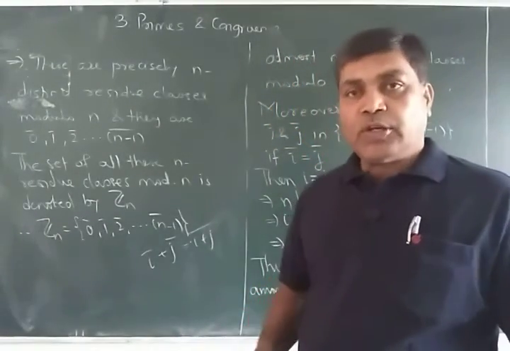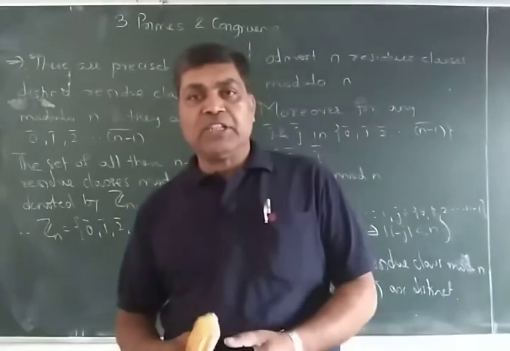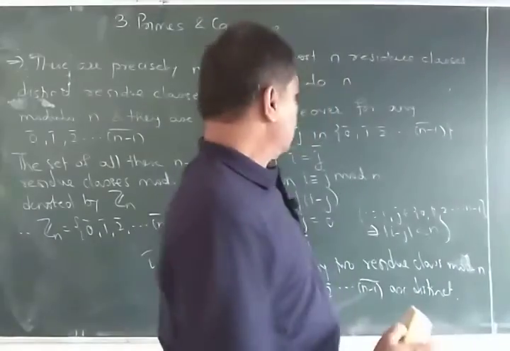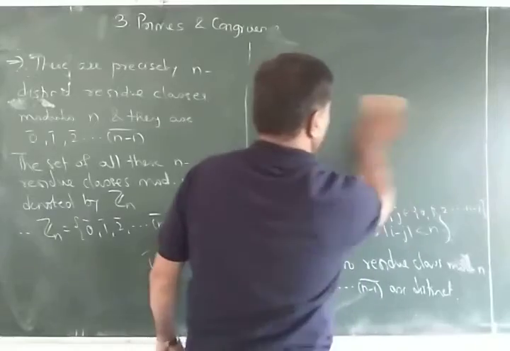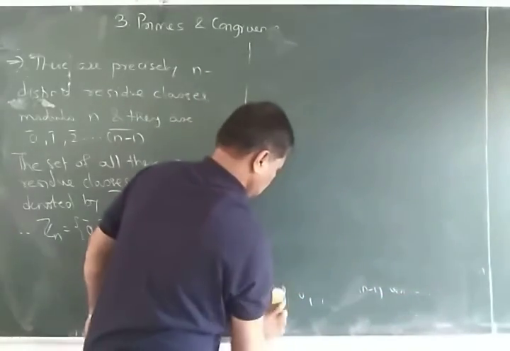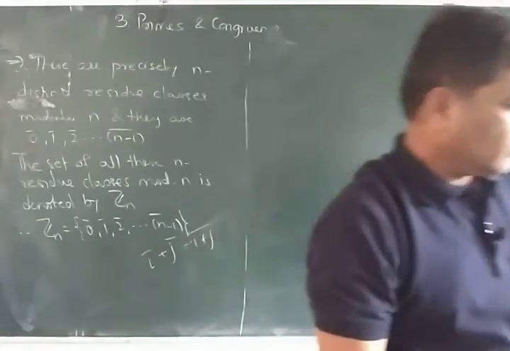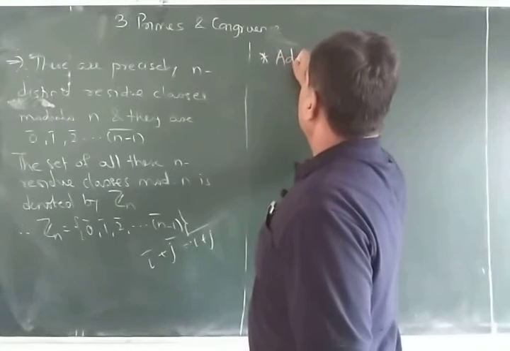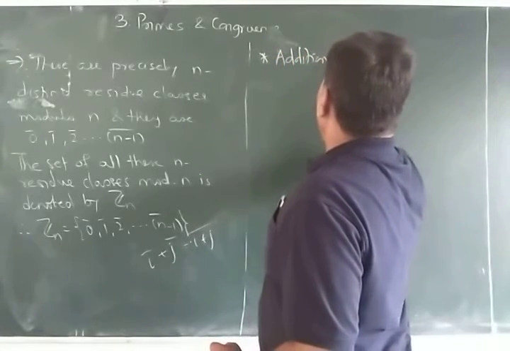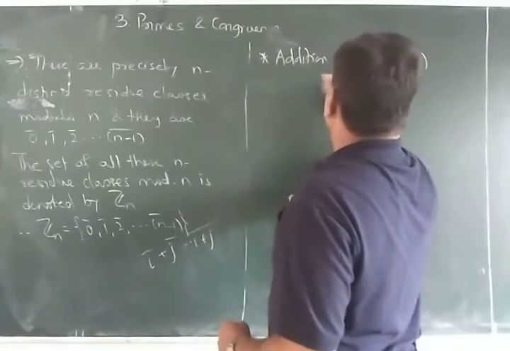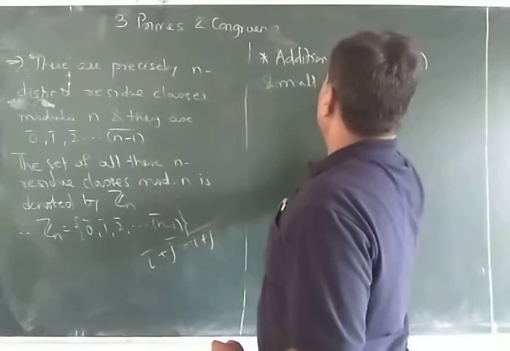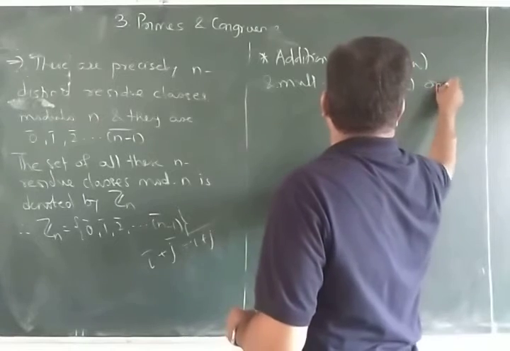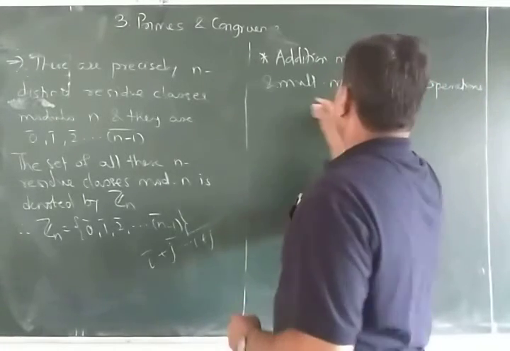Okay. So we'll talk about the addition modulo n operation and multiplication modulo n operation on the set of residue classes modulo n, that is, on Zn.